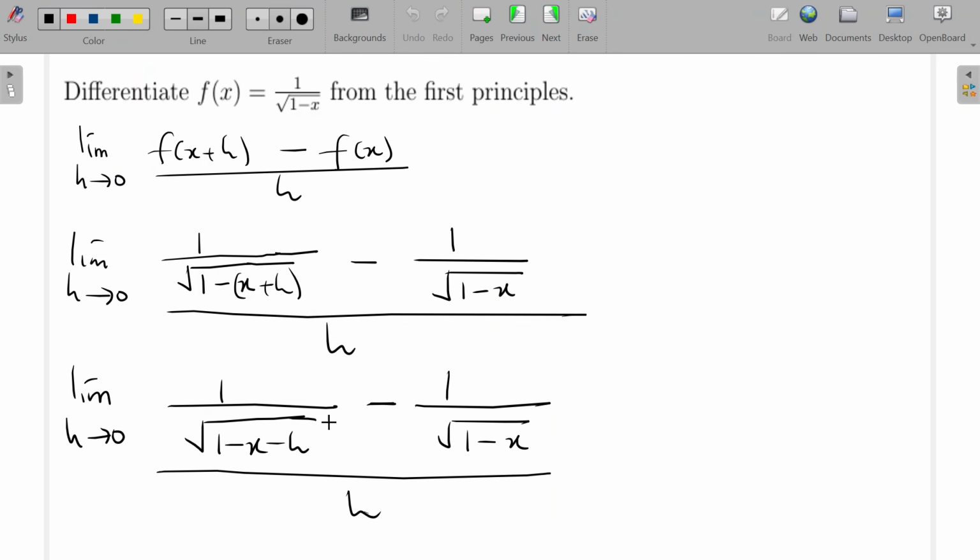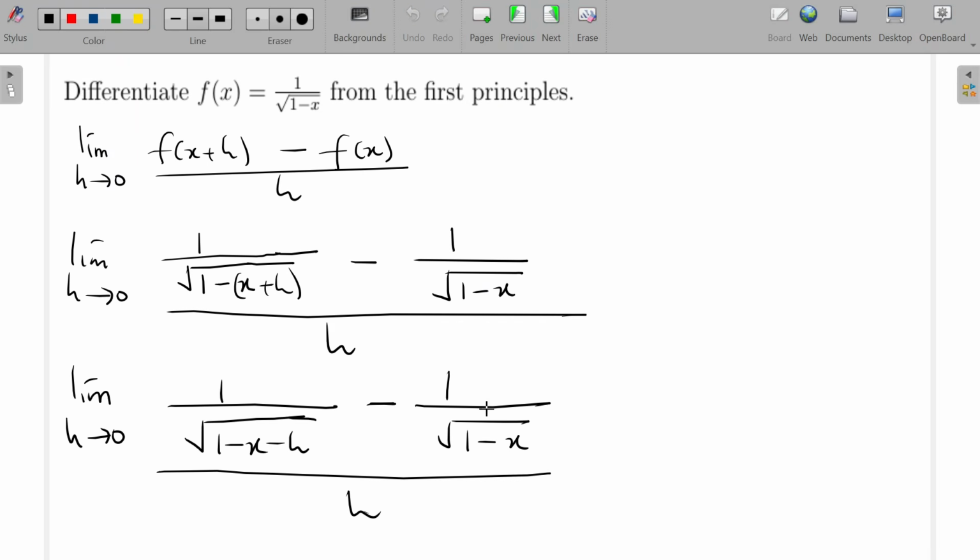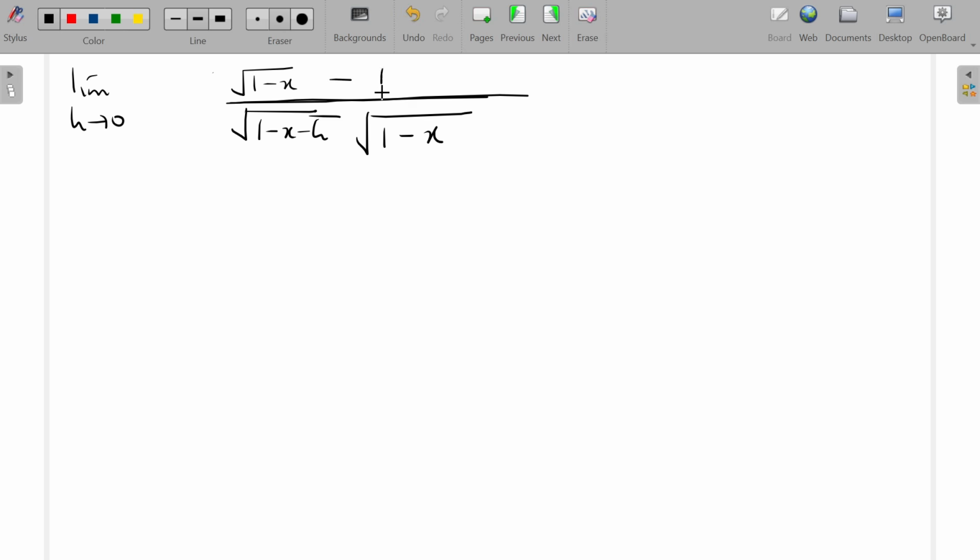On top, I'm going to have this multiplying with this: the square root of 1 minus x, then at the bottom, minus the square root of 1 minus x minus h, over h.